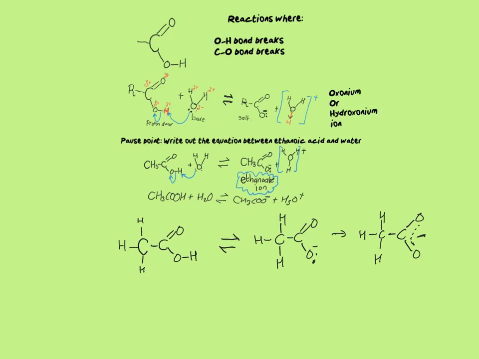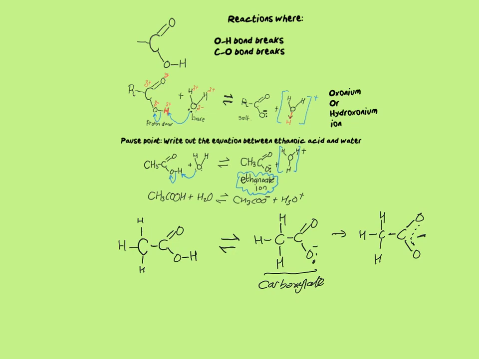The strength of an acid is determined by how weak the bond is between the proton and the next atom, and also the stability of the resulting anion. This anion is called the carboxylate. In this case, it's an ethanoate ion, so in general it's called the carboxylate ion.